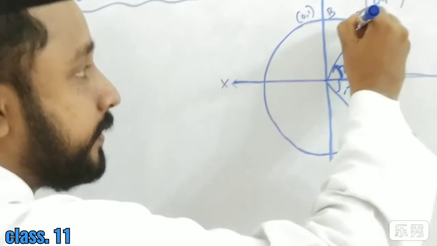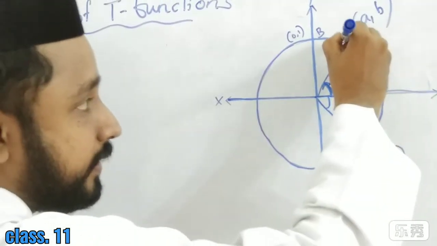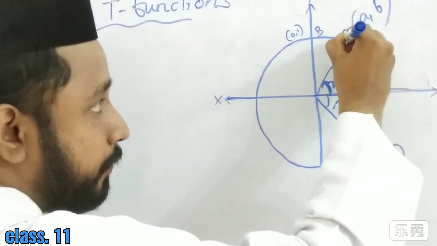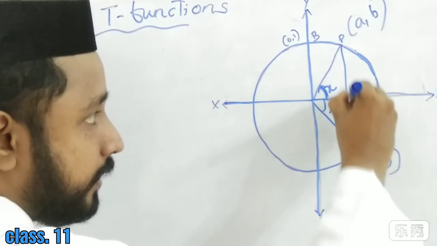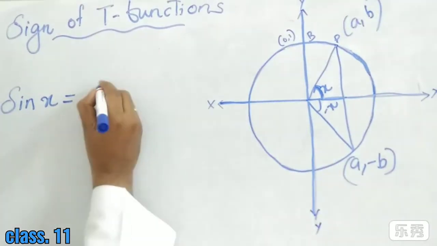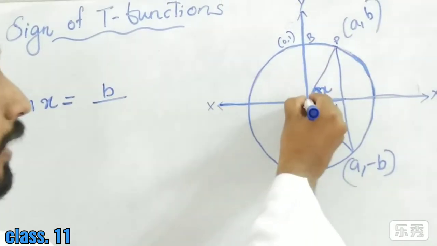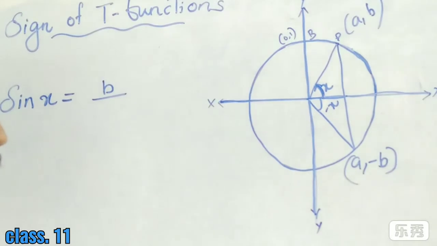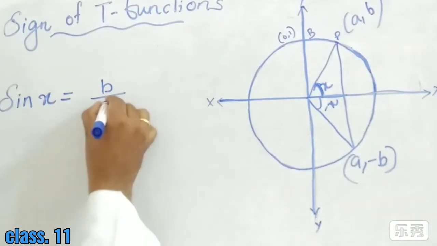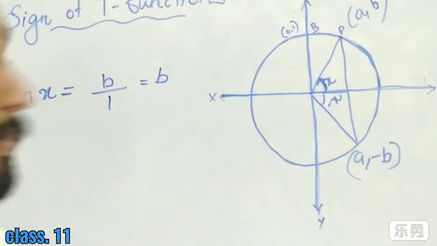The opposite side is this length, which is B, the height on the y-axis. The hypotenuse is the radius of the unit circle, which is 1. So B by 1 is B. So sin x is equal to B.